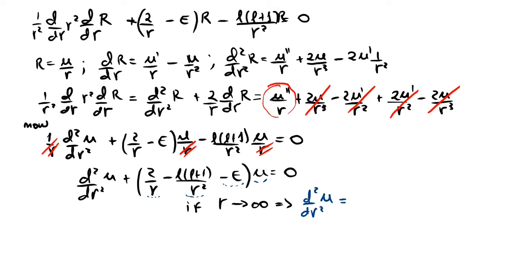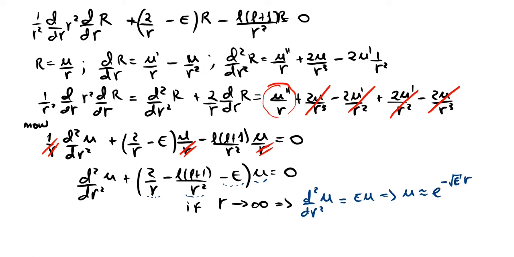Then I can just put this term to the other side, then I have e u, and a clear solution for this is to say that u in that regime is approximately an exponential. And I need to say it's an exponential decay actually. This is a second derivative, so this should be square root of e r.